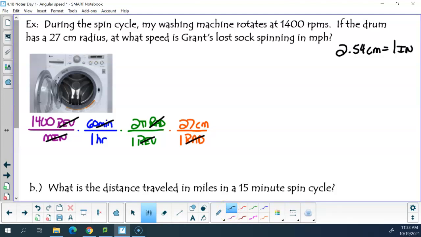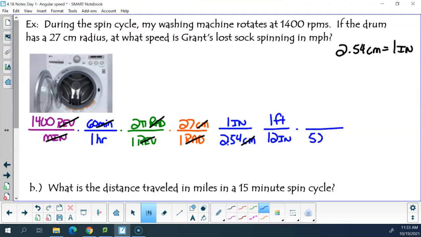Again, these can all be in different orders. 1 inch is 2.54 centimeters. Now I'm in inches per hour. 12 inches is 1 foot.